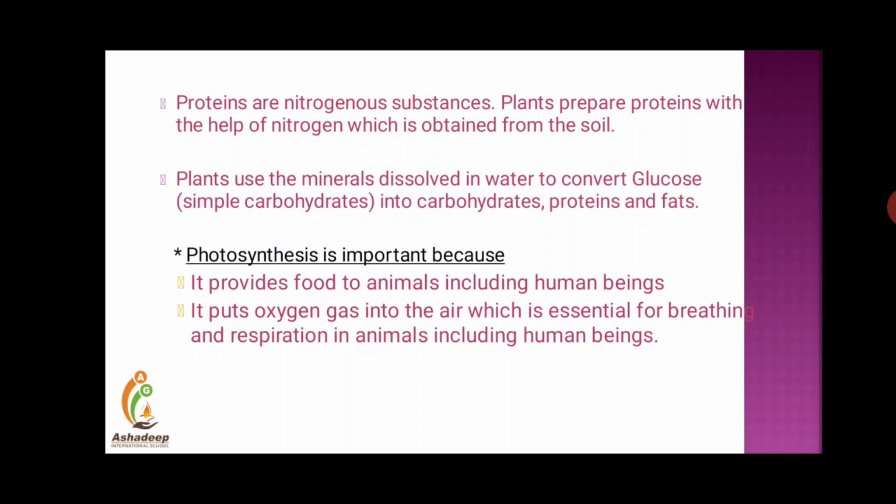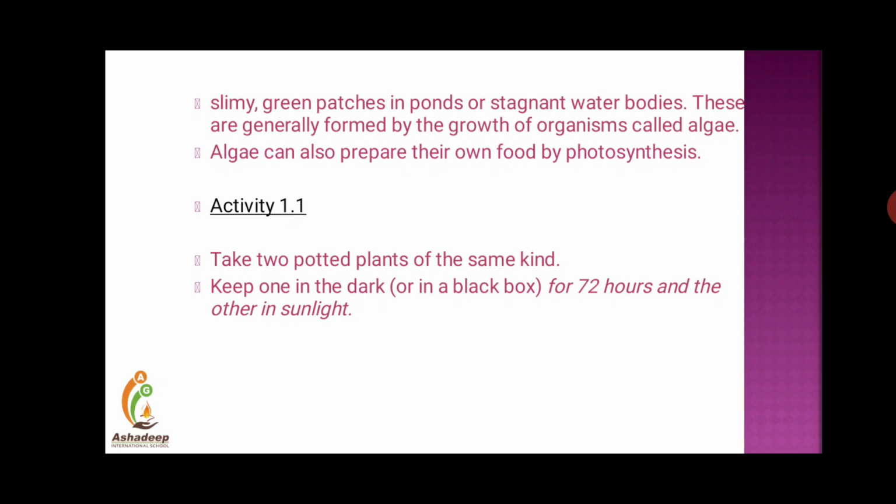Humans and animals take in oxygen and release carbon dioxide. So, first point, it provides food for animals including human beings. Second, it puts oxygen gas into the air, which is essential for breathing and respiration in animals including human beings. So the photosynthesis process is most important for all living things like plants, animals and human beings.